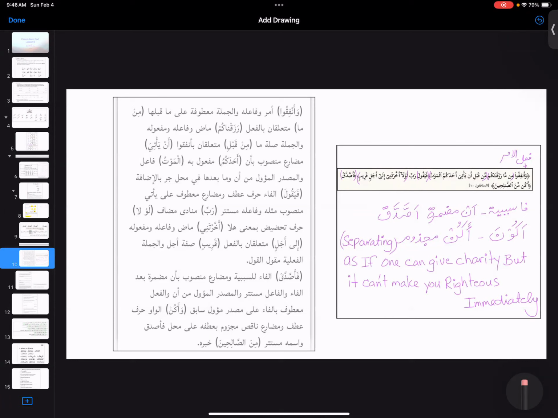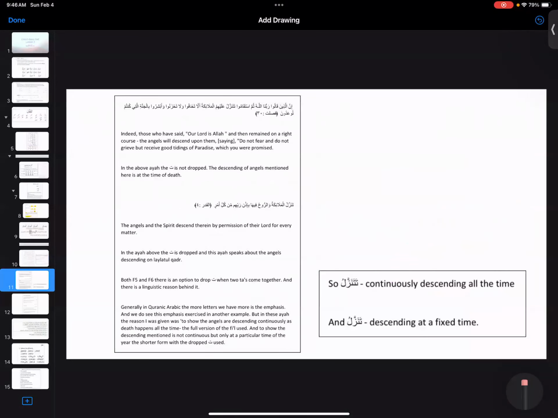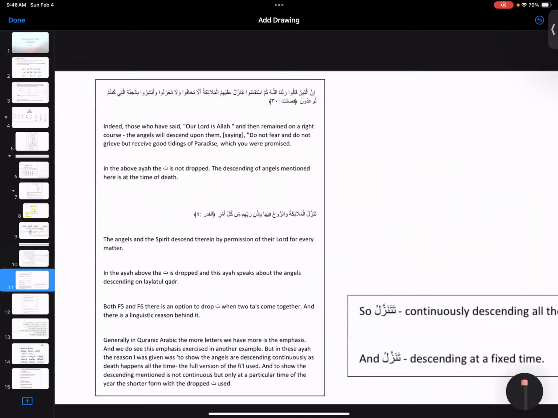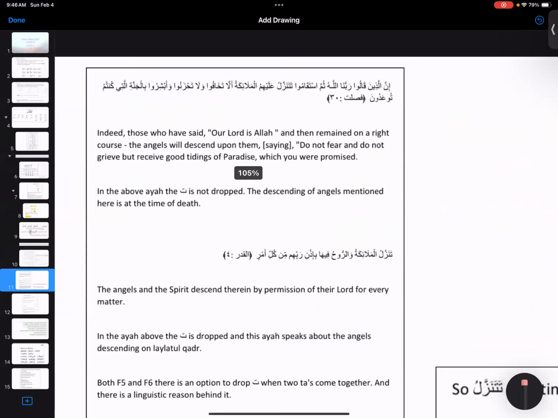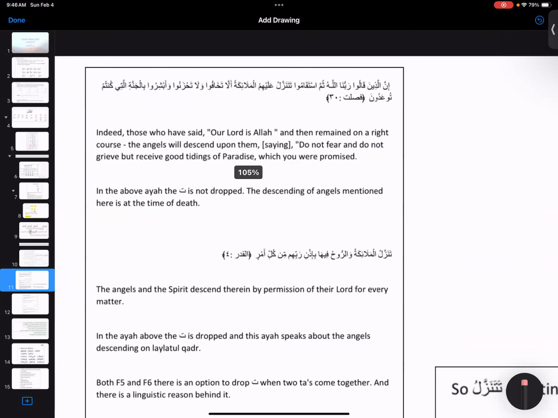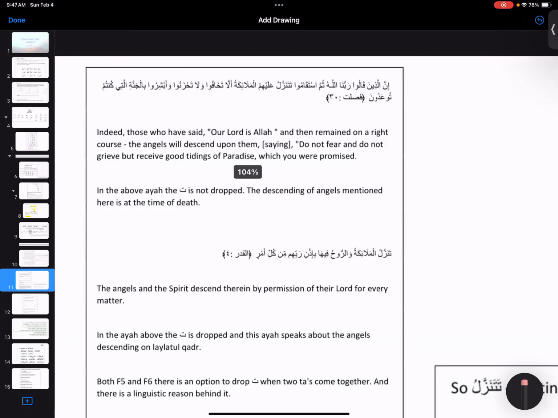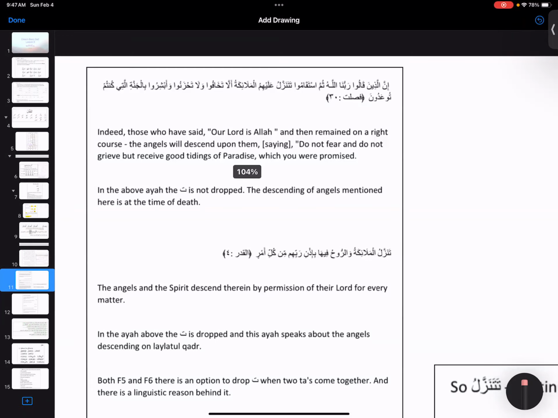Yeah, I put it over here. You guys can read through. Okay, then another example we were looking at is Inna lazina qalu rabbuna Allahu thumma istaqamu tatanazzalu. So now you see two tas over here, right? One ta is our mudariya, the sign of mudariya, and the other ta is part of the marker of that family.